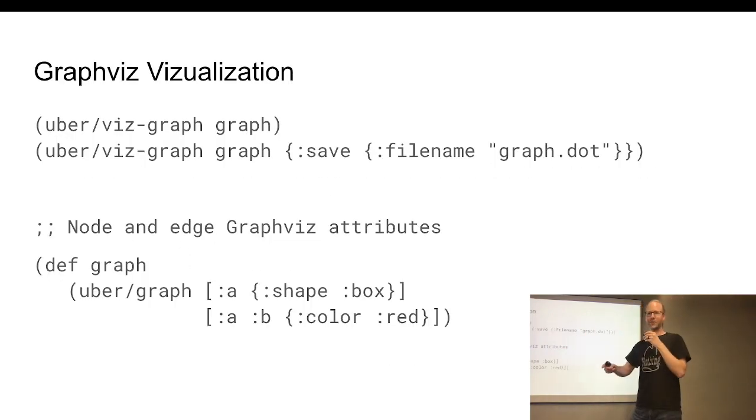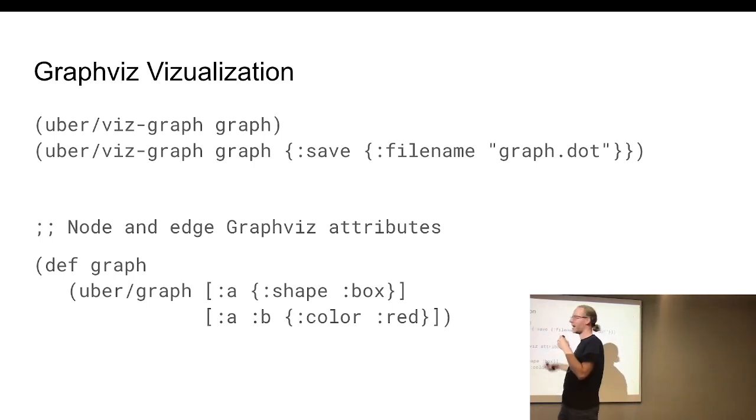Yes, the reason I went down this path as opposed to DataScript, we can visualize it. Again, this is not rocket science, right? We're just going to print out some GraphViz, but I didn't have to write this, so it's very convenient. If you do this one, you're going to get a little J-frame, which will show it to you right away. Fine, I don't actually do that.